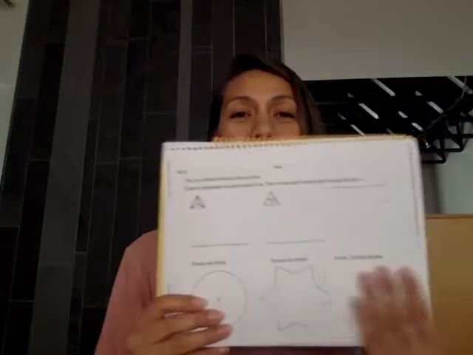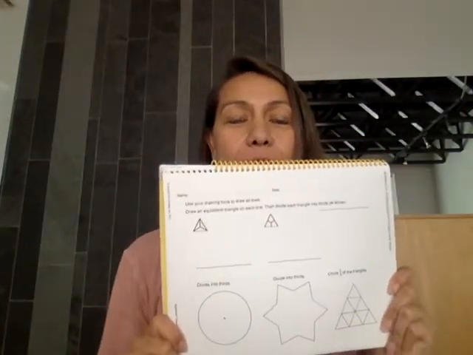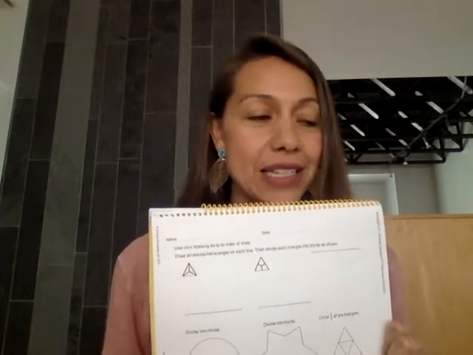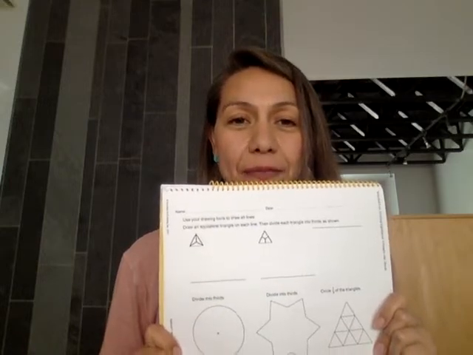If you turn your workbook to page 310-4, looks like this, 310-4. So if you turn to that page, I'll wait, or you can pause, and this is the worksheet that we're going to be working on today.